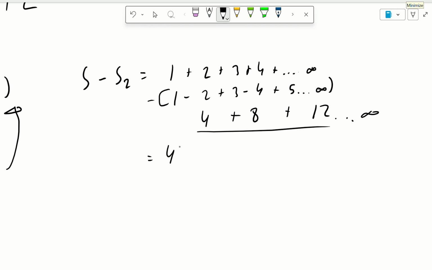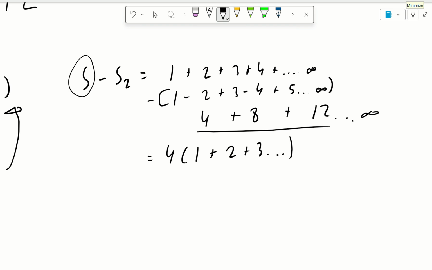If we take out a factor of 4, we can see that it will be the same series as the original series.